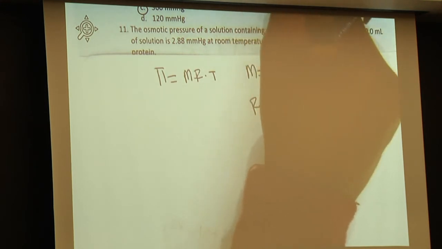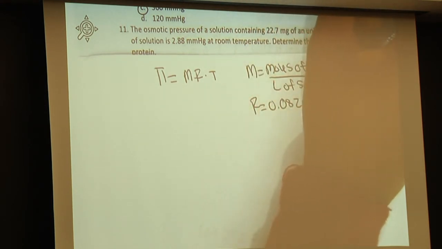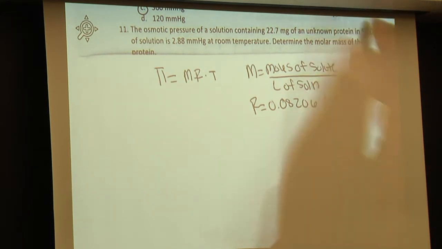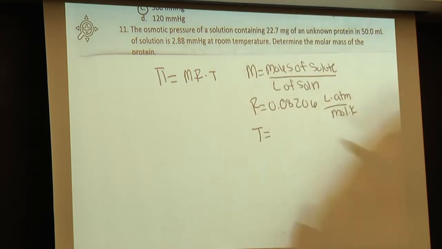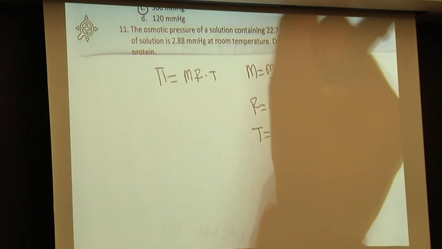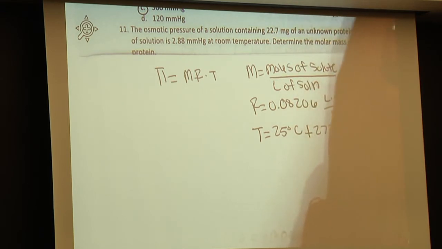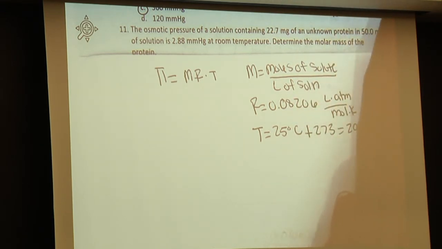Our R would be 0.08206 liter atmosphere per mole Kelvin. And our T has to be in Kelvin, so it will be 25 degrees Celsius because that's room temperature, plus 273. You'll have 298 Kelvin.